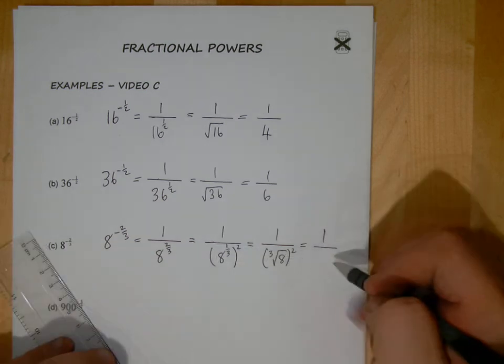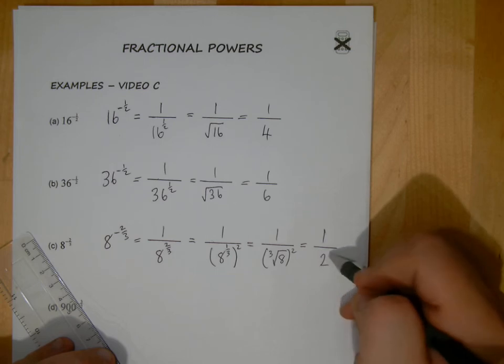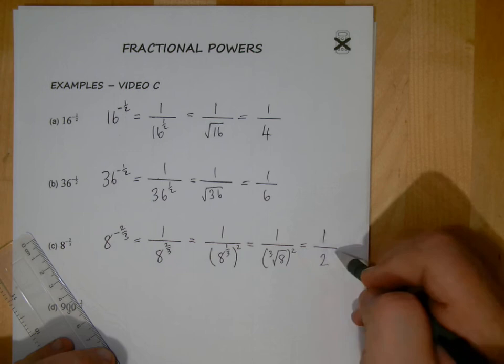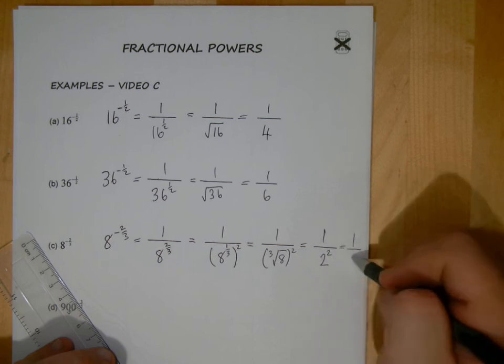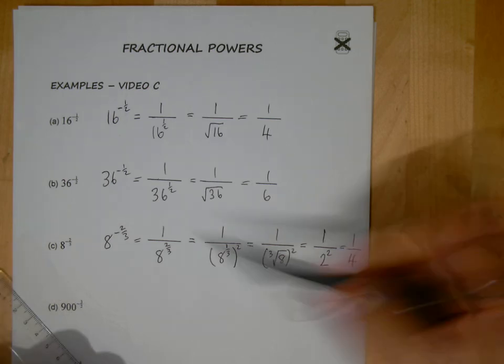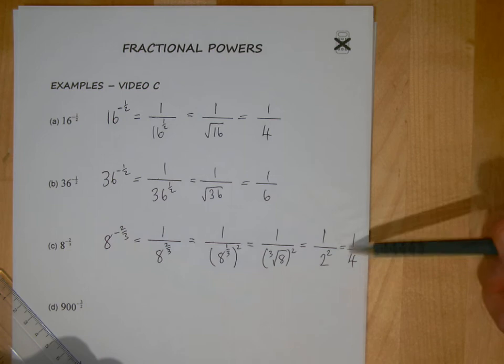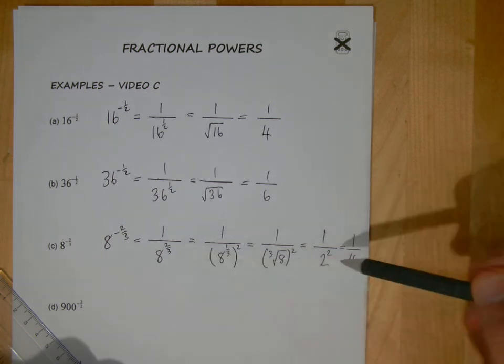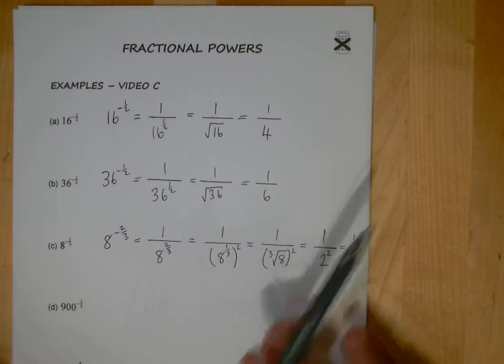You don't need to write that bracket again once you've done that. But don't forget, you've got to then square it. So we get 1 over 2 squared, which is 4. So 8 to the power negative 2/3 is equal to 1/4. Quite a bit of work to get there, but it's so important that you show every step.